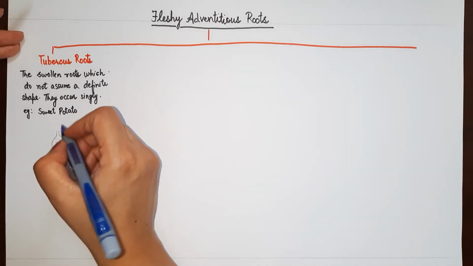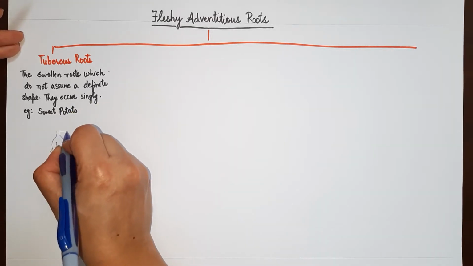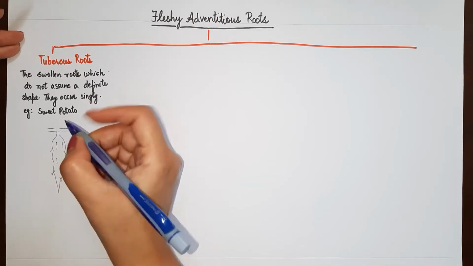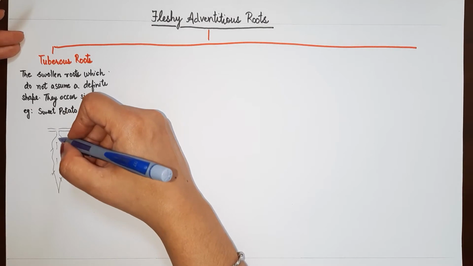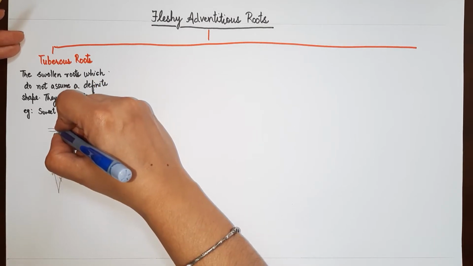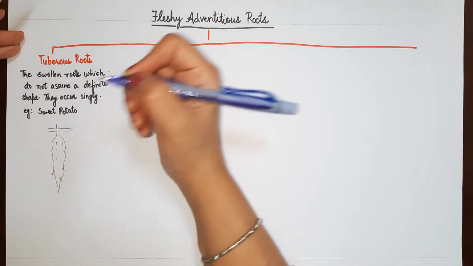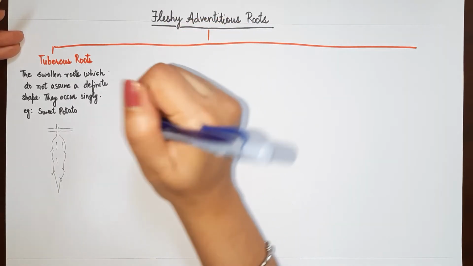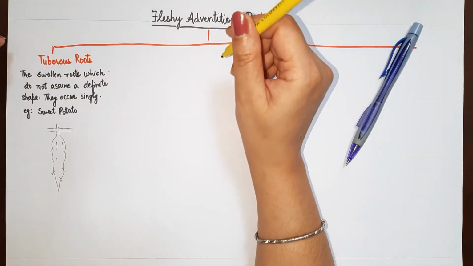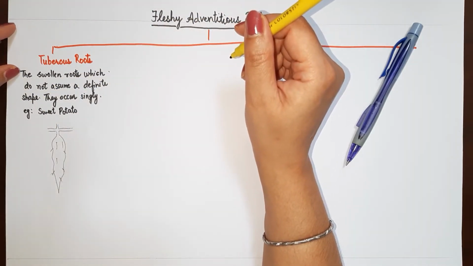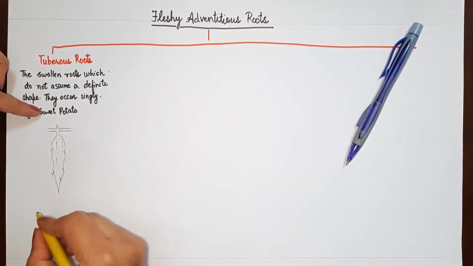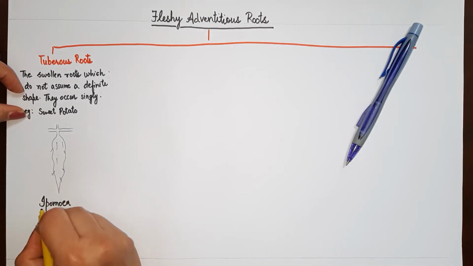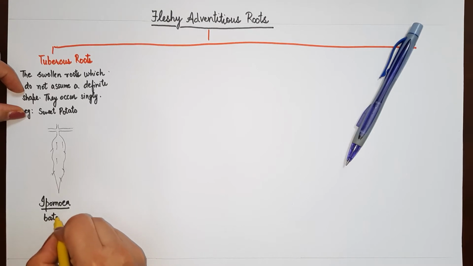Okay, and it arises from a creeping stem. So towards the lower side there will be the root arising from the stem, and towards the upper side there are present leaves, single leaf per node. So this is called the tuberous root. The botanical name of this is Ipomoea batatas.